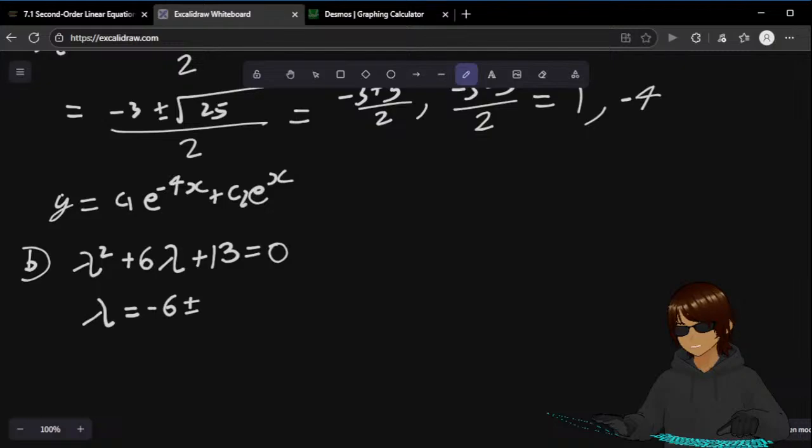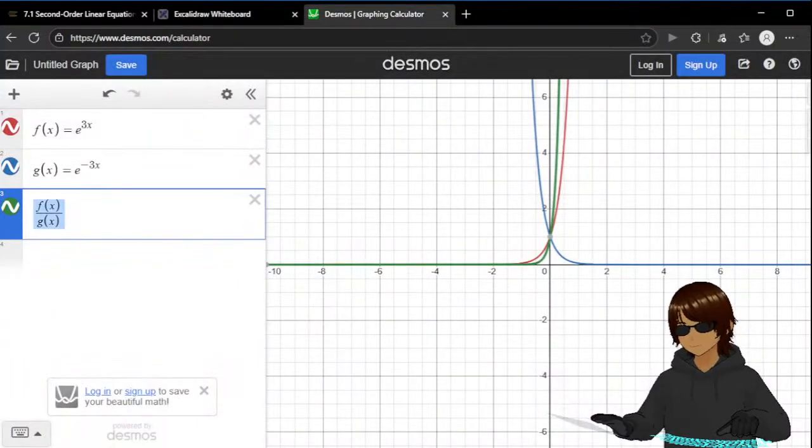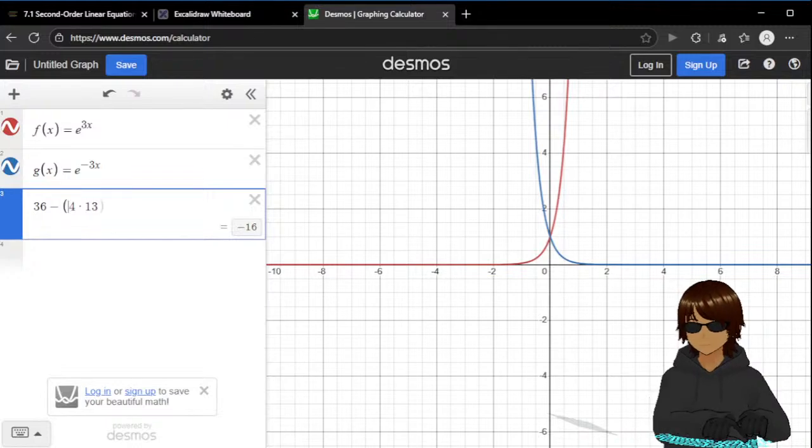Lambda is minus b plus minus the square root of b square, 36, minus 4 times a times c over 2a. 4 times 13, 36 minus 4 times 13, minus 16.